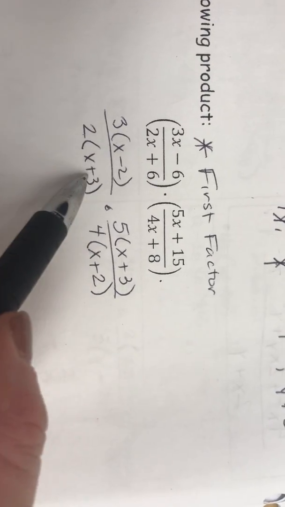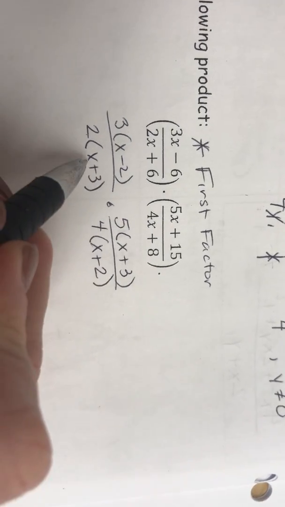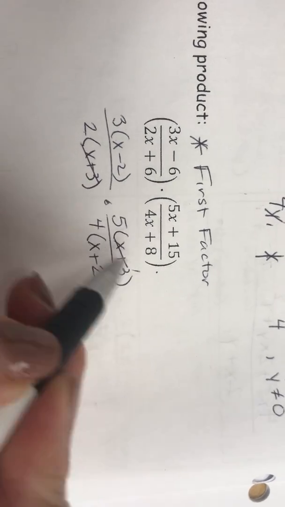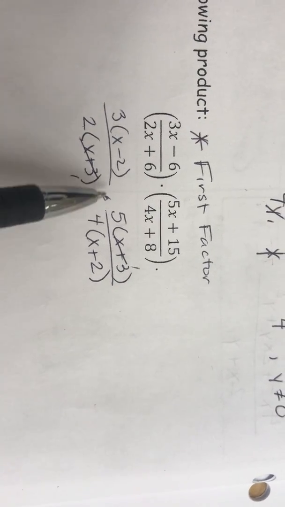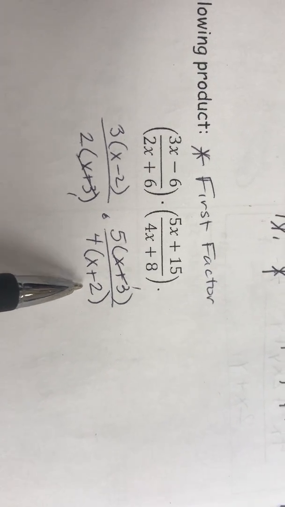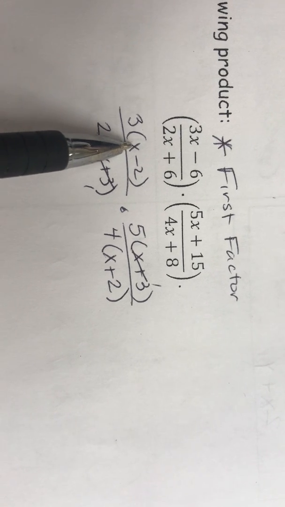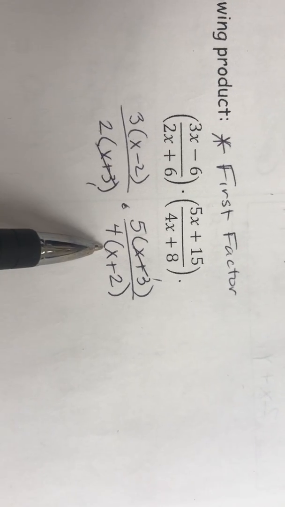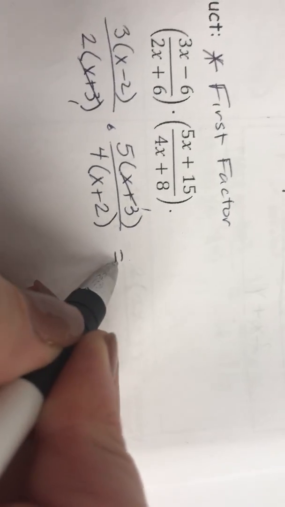Nothing here, numerator to denominator, can reduce, okay? But this cross cancels with this. These two do not cross cancel, and they are not inverses like we discussed yesterday because they're not exact opposites. For these to be opposites, if this was x, this would be negative x, and it's not. So those, there's nothing you can do.